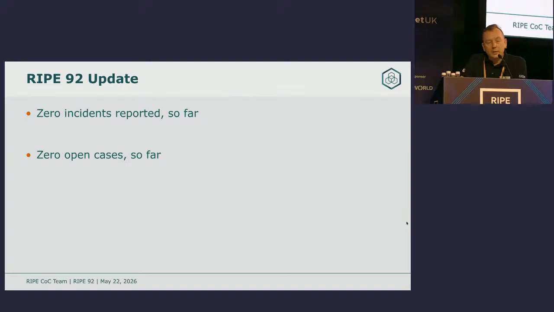So at RIPE 92, I didn't have time to update this slide, actually, because about an hour ago we received an incident. So up to about an hour ago, we were at zero open cases, zero RIPE 92 reports. Now we're at one. So we have one open case, and we're still triaging it, and that's all I'll say about that.